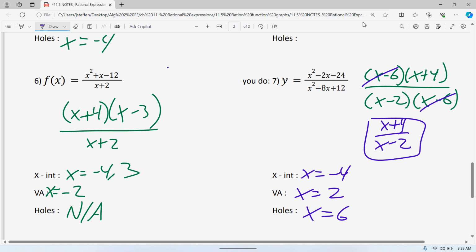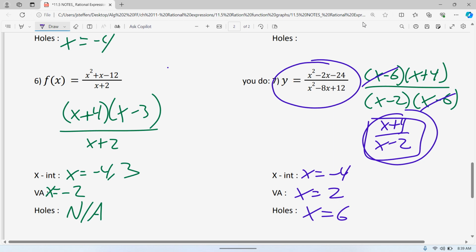So I could show you this graph, but rather than waste my time doing that, I will just tell you a couple things real quick. An interesting thing: if you graph this whole thing with the x squared minus 2x and all that, and if you graph this one where it's just x plus 4 over x minus 2, if you graph both of them on Desmos, they would literally be identical.